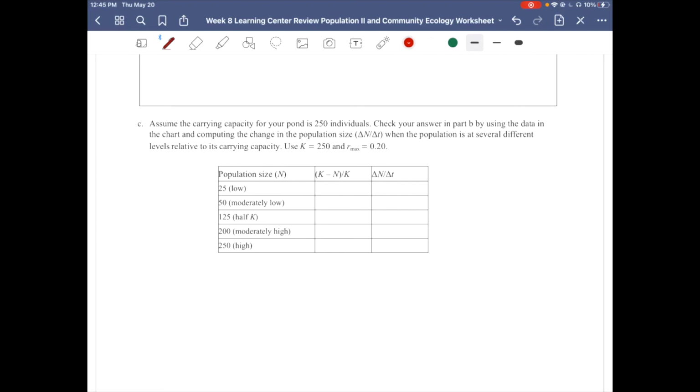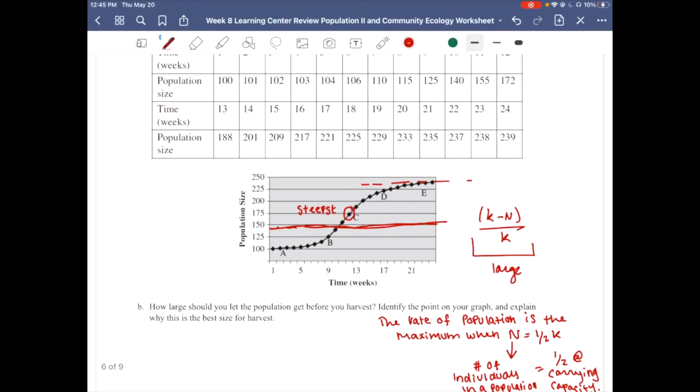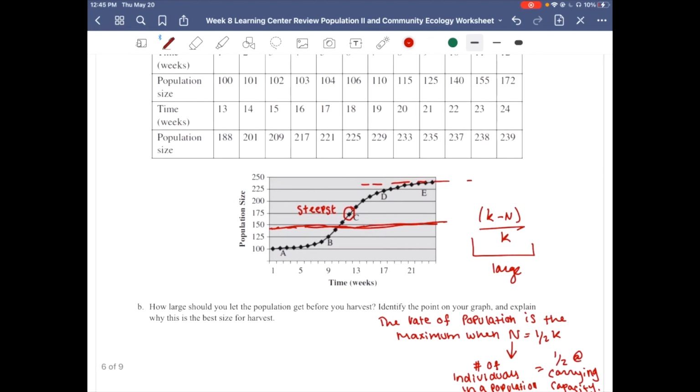For this one, for every question, you need to go back to the population size and the time. So the first part was essentially asking this, K minus n over K. The first population size says 25. So 25 is too low, and we know that's going to be around here.